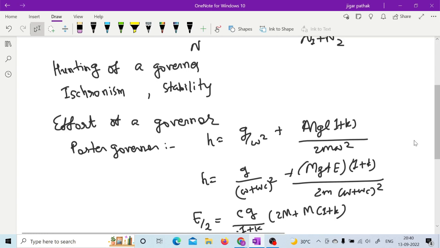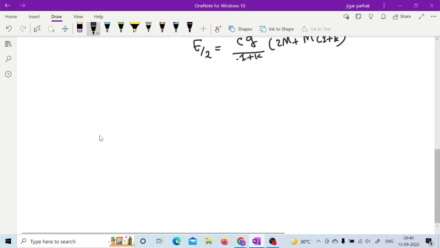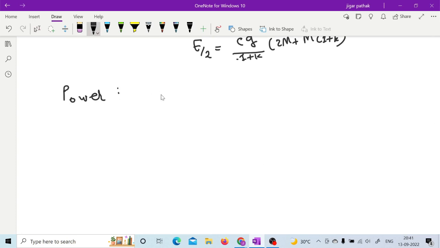So once you are done with effort of governor, you can also calculate the power of a governor. Power is actually that work done per particular time, right? Rate of doing work is power. So work done is whatever effort you are applying, this e by 2 into the sleeve movement, and due to that there will be a change in height of the governor, right?